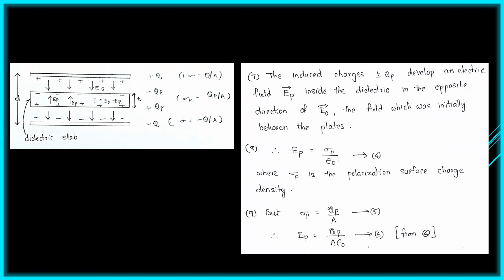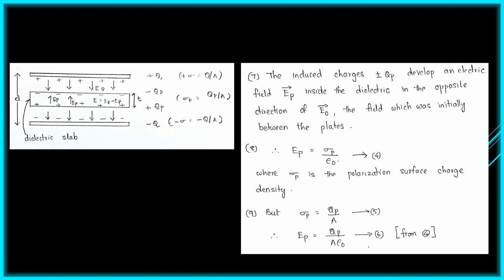Electric field direction is always from plus to minus. In this case, the lower side of the dielectric is positively charged, the upper side is negatively charged. Therefore EP, the electric field due to polarization, has a direction from plus to minus, that is, lower side to the upper side.